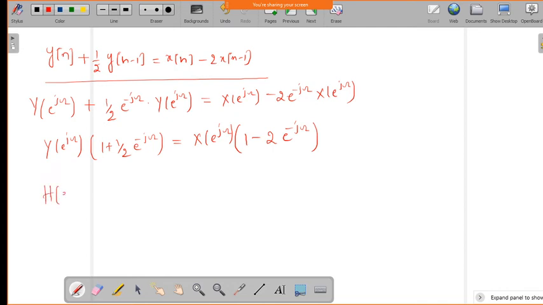So now your H of e power j omega, the frequency response, is given by Y of e power j omega by X of e power j omega. This will give 1 minus 2 e power minus j omega divided by 1 plus half into e power minus j omega.